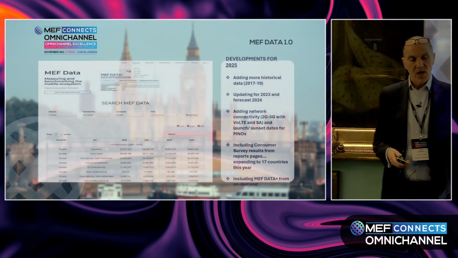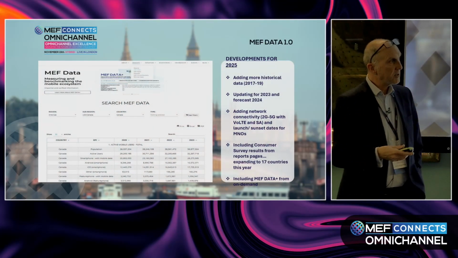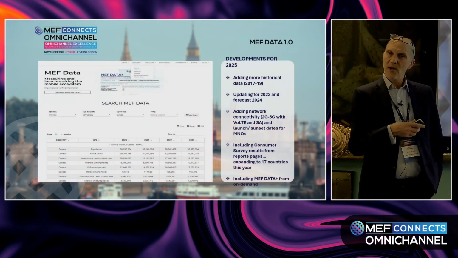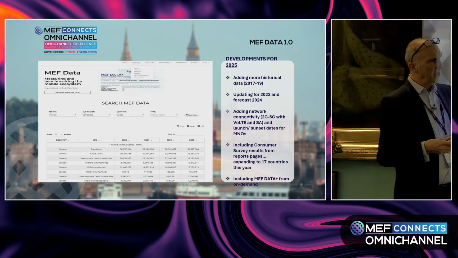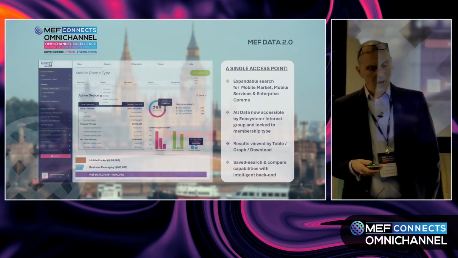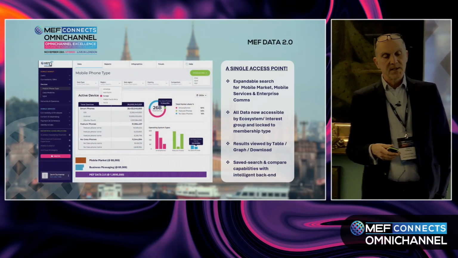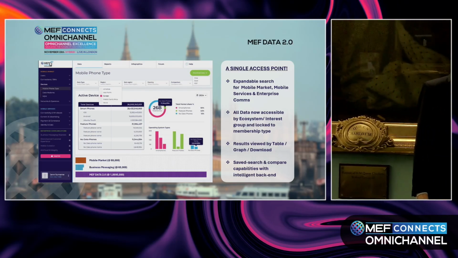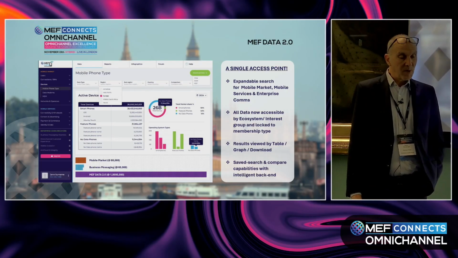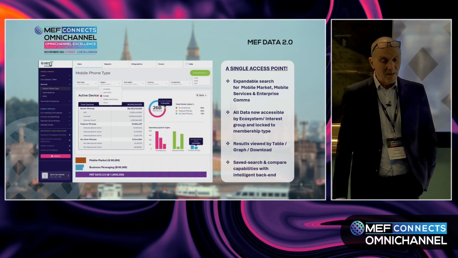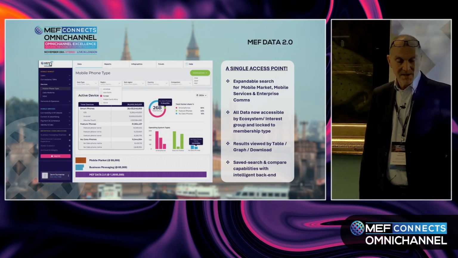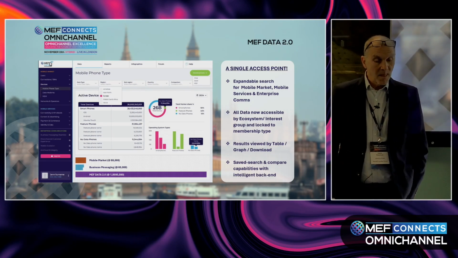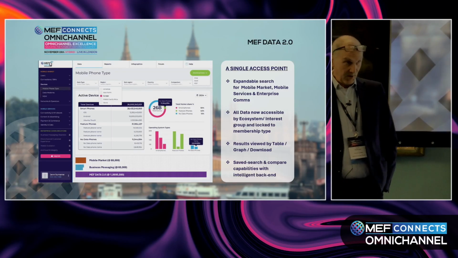And what we're going to do is try and move from this functional but not very feature-rich offering of MEF data that we launched last year into something more like this, much more integrated, offering more seamless experience with single access point, expandable search for mobile markets, for mobile services, for enterprise comms, incorporating all elements of MEF data which can be accessed by ecosystem or interest group, locked to membership type, better functionality, offering saved searches, comparisons, an intelligent back-end, and offering around 1 million data points when we go live, about 7 or 8 times what we currently do.